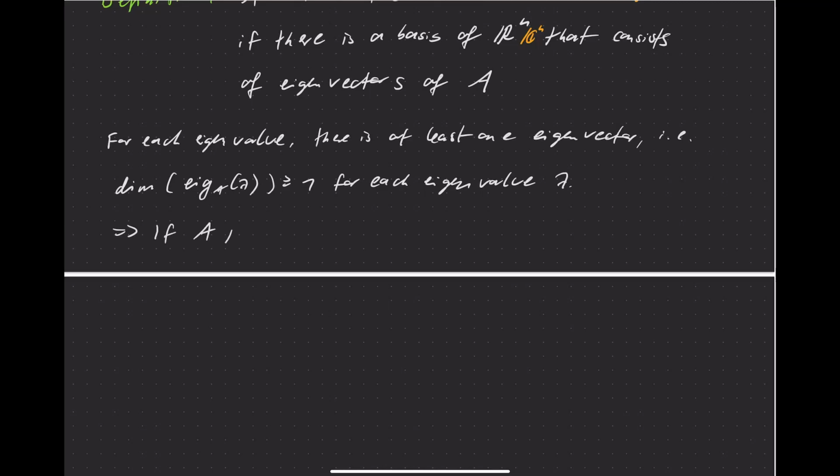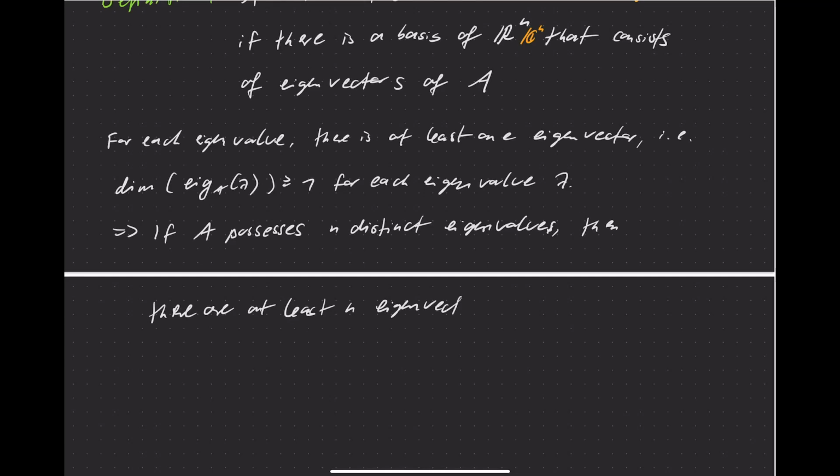So if A possesses n distinct eigenvalues, then there are at least n eigenvectors.